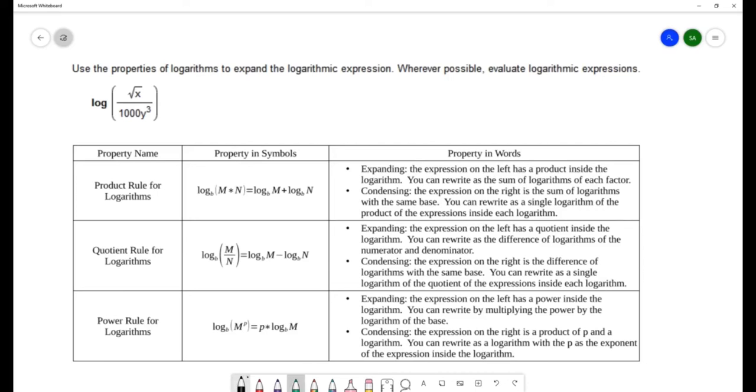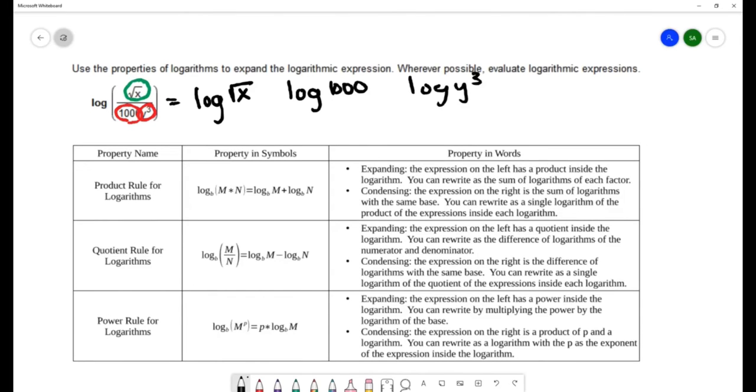So inside of our log, I'm noticing a factor in the numerator and two factors in the denominator. So we're going to write this out with three separate logs: log of square root x, log of 1000, and log of y to the third power.